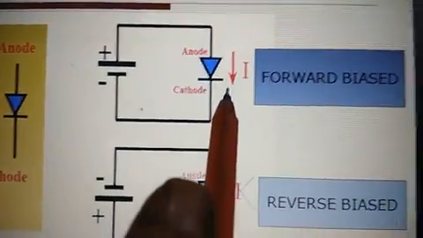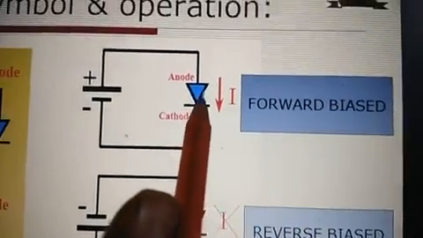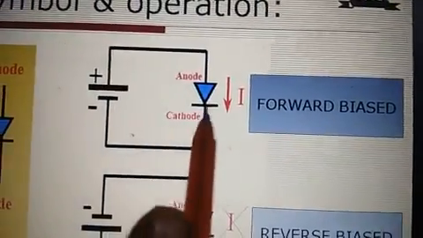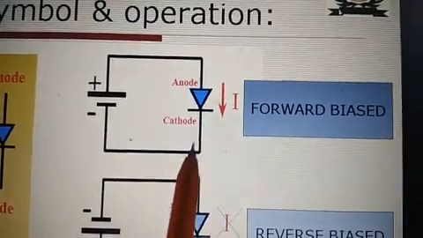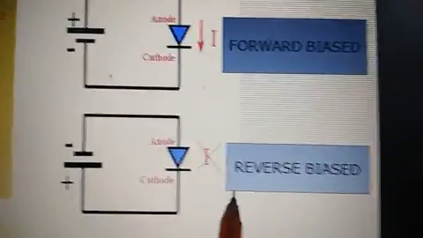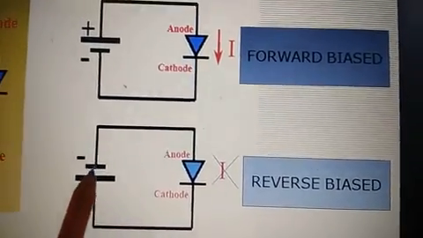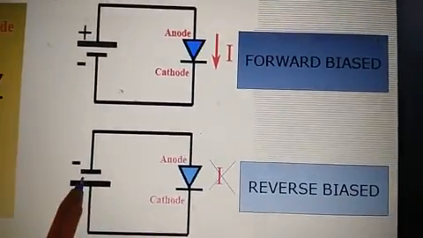A diode can be used either in forward bias or in reverse bias. In forward bias, the anode is connected to positive while the cathode is connected to negative, and the current flows from anode to cathode. This is called forward bias. In case of reverse bias, the anode is connected to the negative of the battery and the cathode is connected to the positive of the battery.